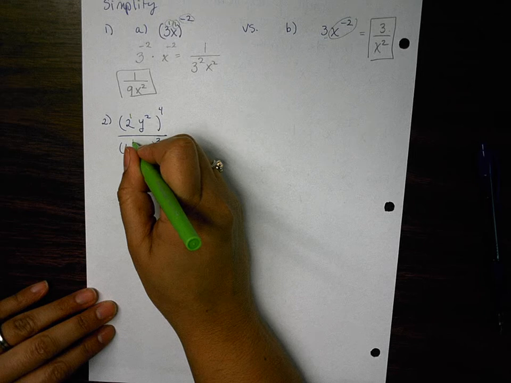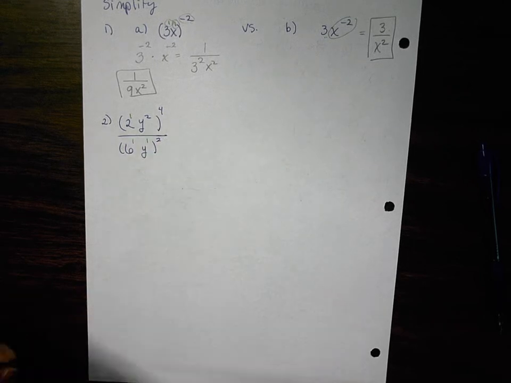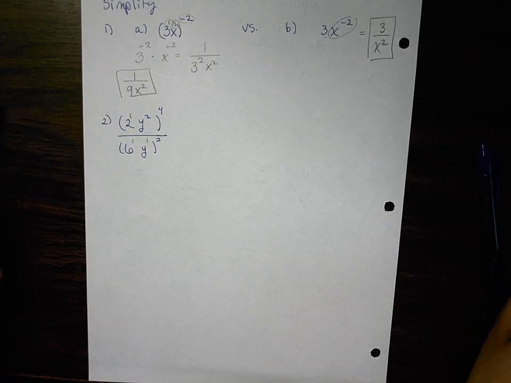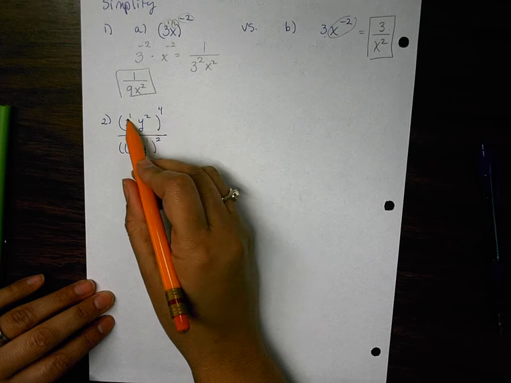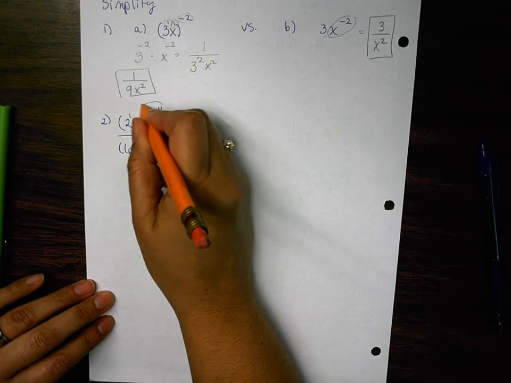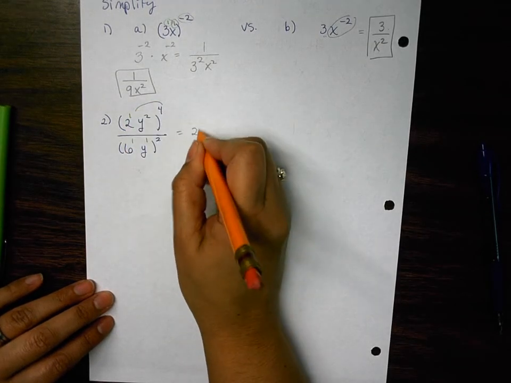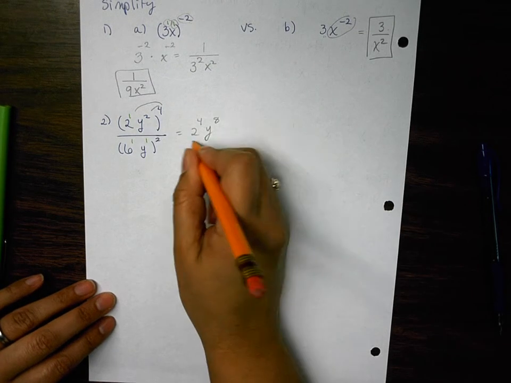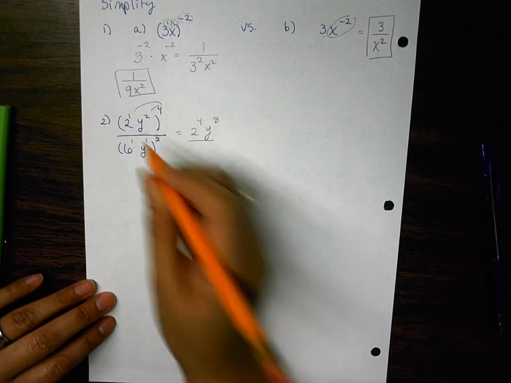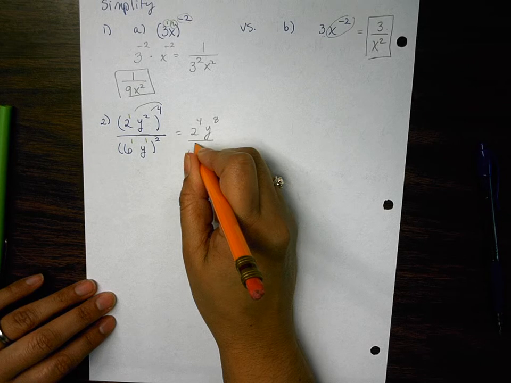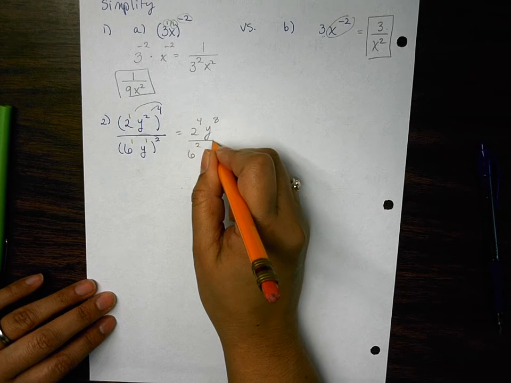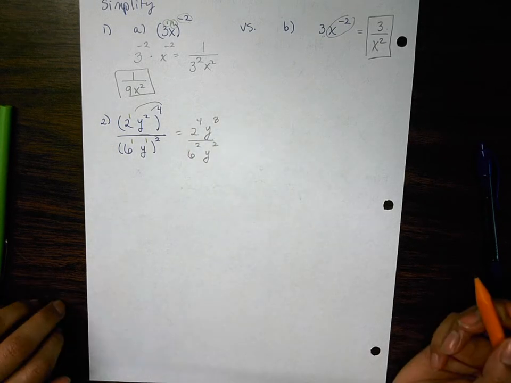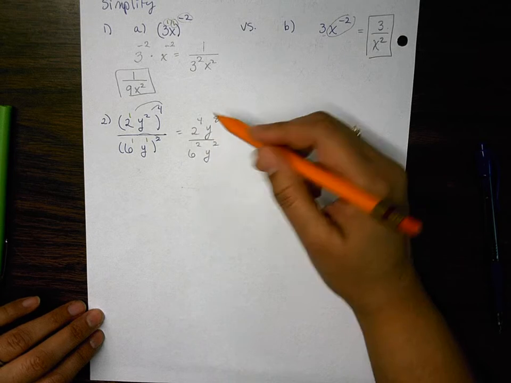He is correct on the 2, on what else? 6. And are we ready now to distribute? Will I multiply 2 times 4 or 1 times 4? 1 times 4. Okay, so 2 raised to the 4th and y raised to the 8th. And then 6 raised to the 2nd and y raised to the 2nd.